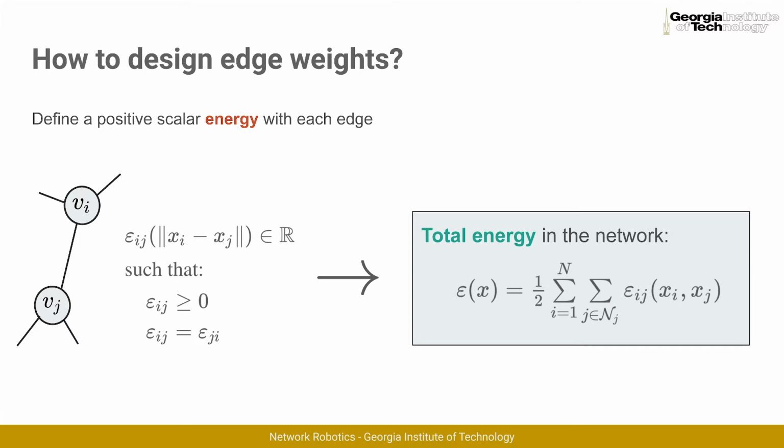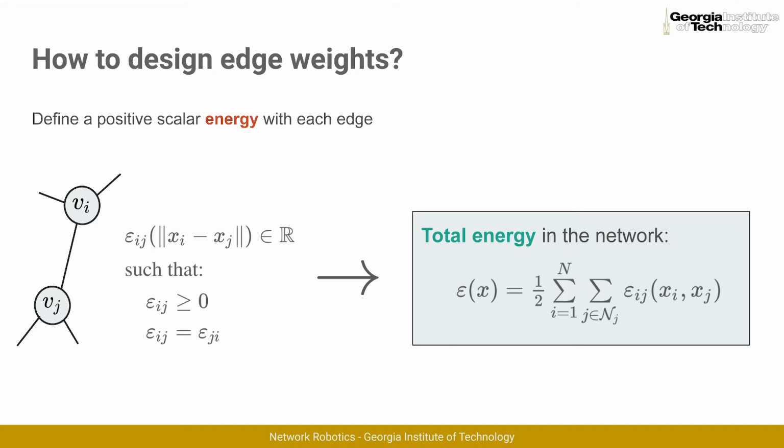The idea of representing objectives or constraints through energies, sometimes referred to as virtual energies, is common to many fields, including robotics. For practical reasons, at least in the context of motion control of robots, it makes sense to think of the energy on a specific edge as a quantity that depends on the distance between the position of the two robots corresponding to its nodes.